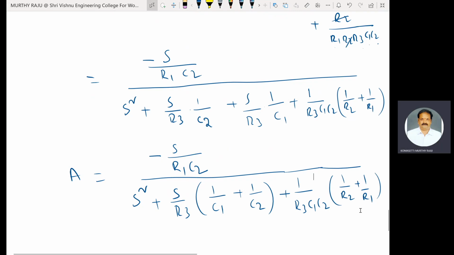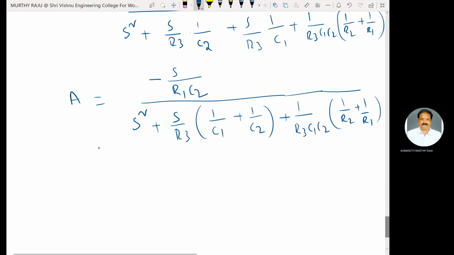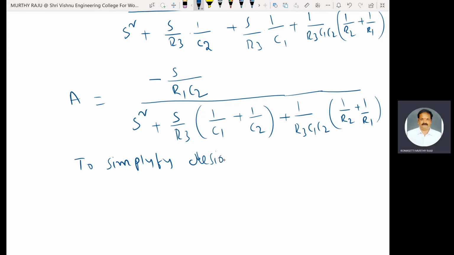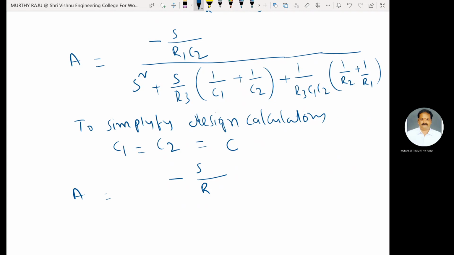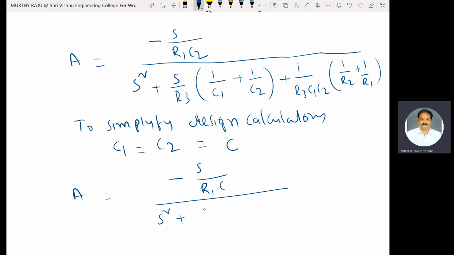To simplify design calculations, C1 is equal to C2 is equal to C. Therefore, A is equal to minus S by R1 into C by S square plus S by R3, 1 by C plus 1 by C, plus 1 by R3, C1 into C2 is equal to CC, that is C square, into 1 by R2 plus 1 by R1.